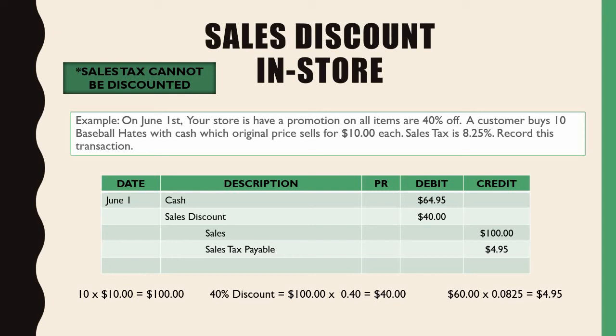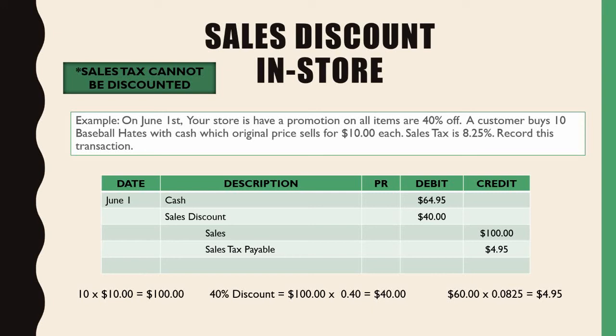Excellent. All right. So that's what happens when we do discounts in stores. When we have a grand opening or some kind of promotional sale that week, this is what we're going to journalize. Now the customer just brings it up to you and says, go ahead, what is my total amount?